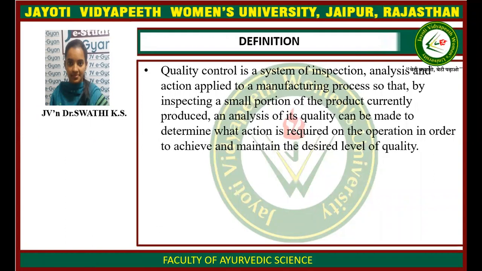The definition: quality control is a system of inspection, analysis, and action applied to a manufacturing process so that by inspecting a small portion of the product currently produced, an analysis of its quality can be made to determine what action is required on the operation in order to achieve and maintain the desired level of quality.